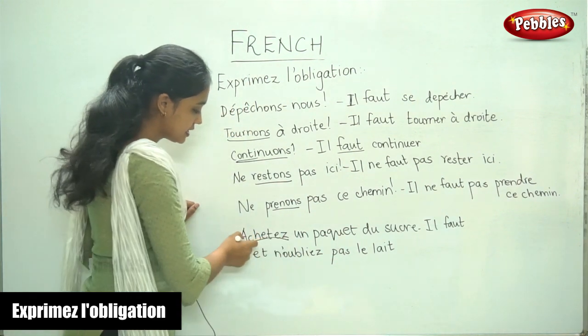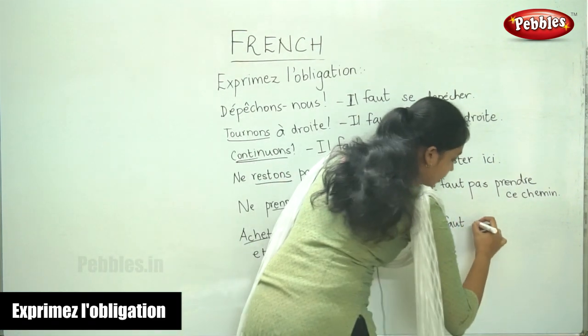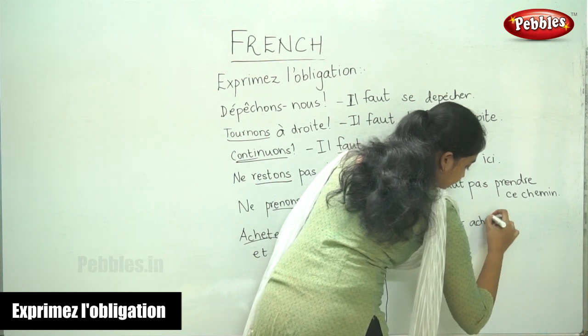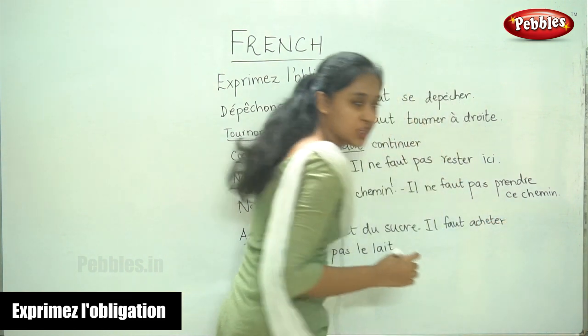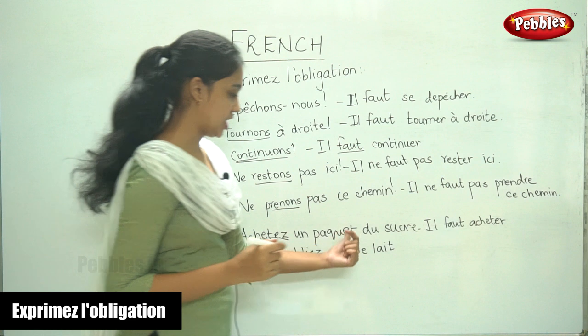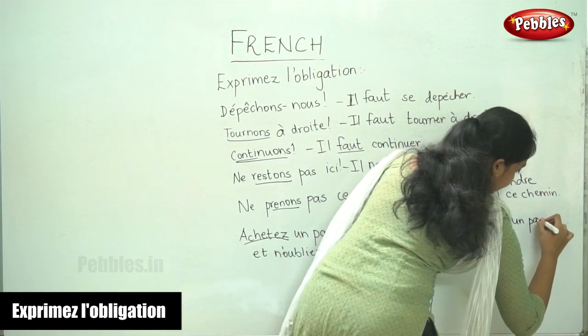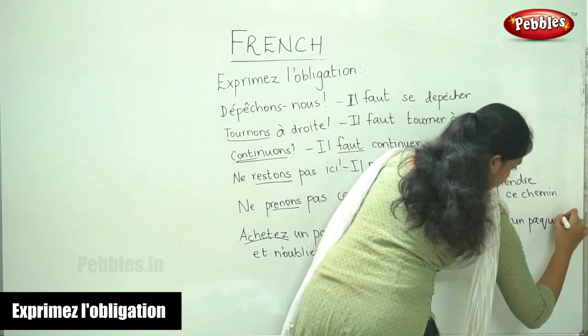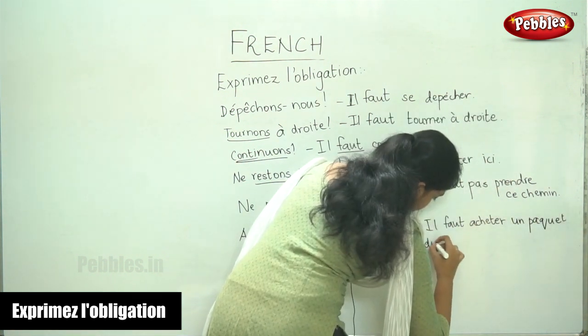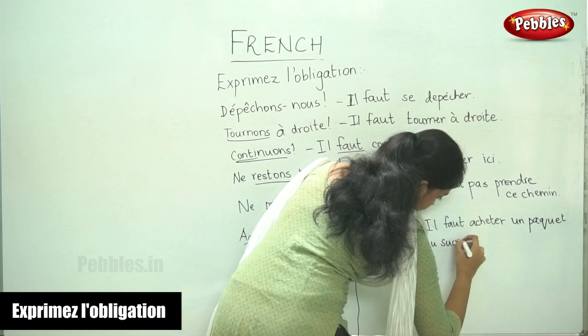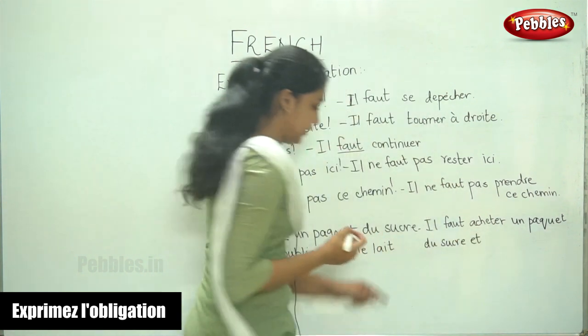and the verb here is acheter. The infinitive form is acheter. Il faut acheter un paquet du sucre et.